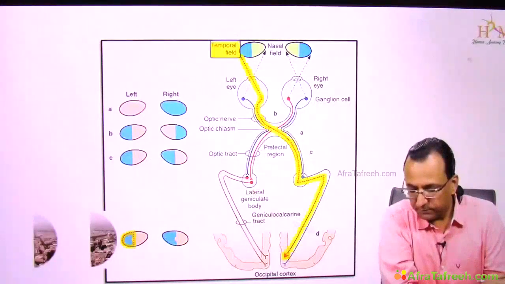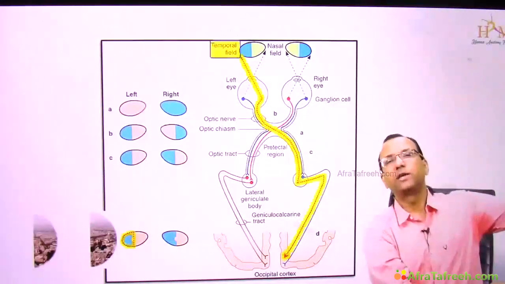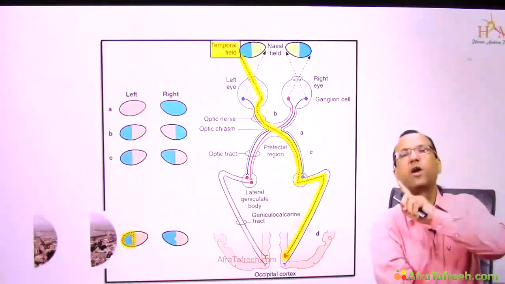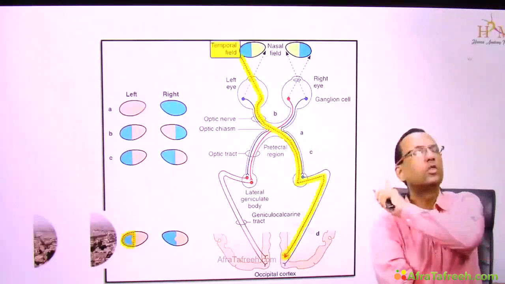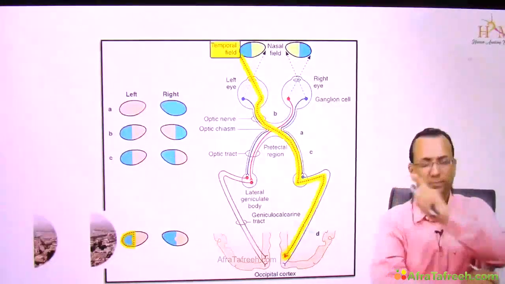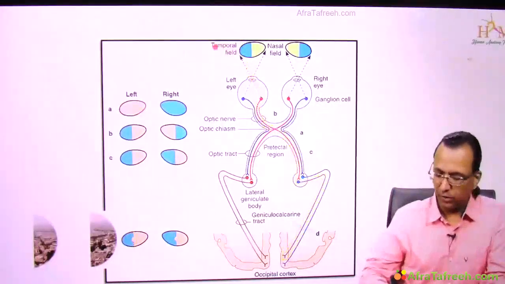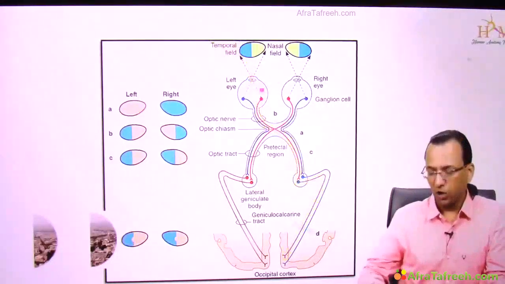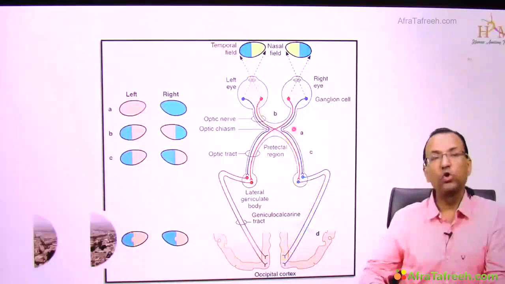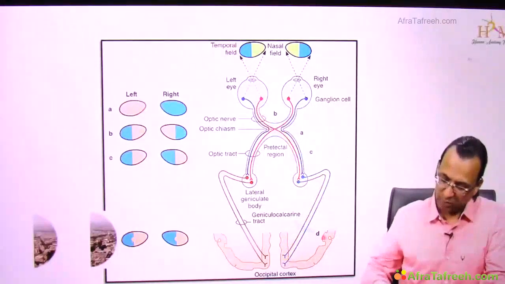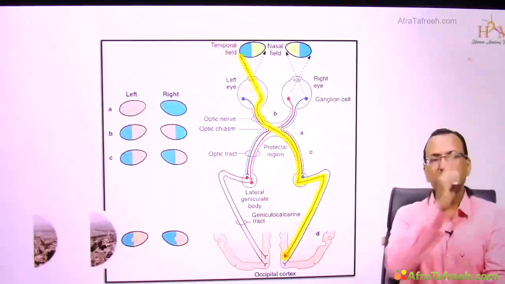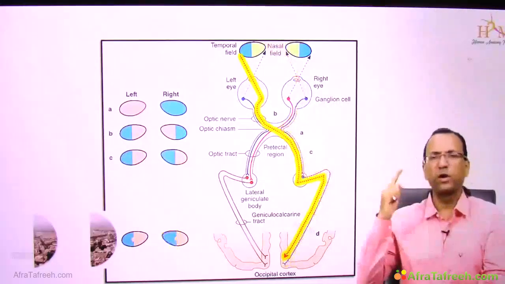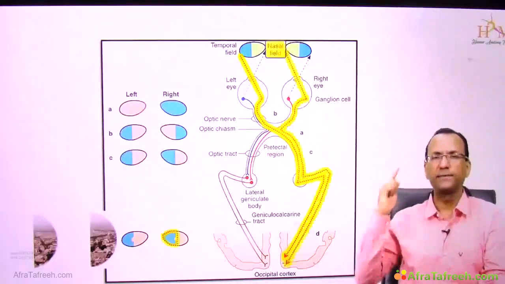Normally, left temporal vision comes to the nasal retina and crosses the midline at the optic chiasma to go to the opposite brain. And what about the right nasal vision? Right nasal vision goes to the temporal retina and goes to the same side of the brain.